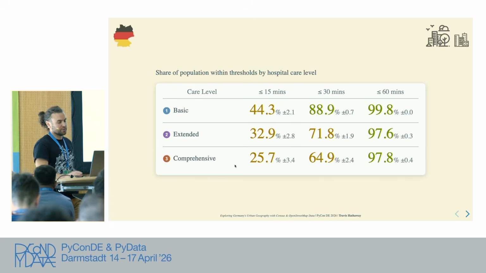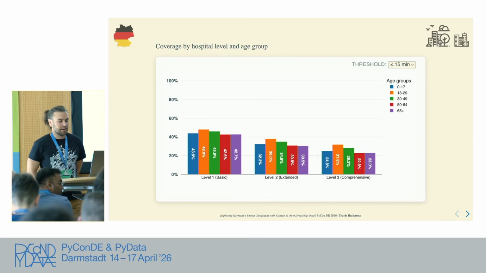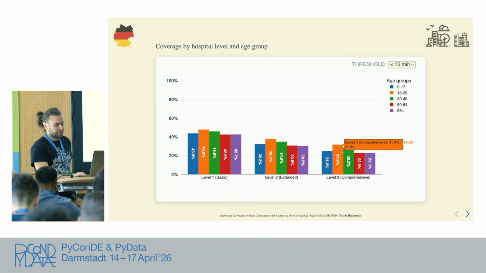Also, the general rule is that as we lower the threshold and as we go up in level, the variances also appear to be getting greater between the age groups. And then we can even see the difference between level 1, 2, and 3 and the different age groups and how this looks.